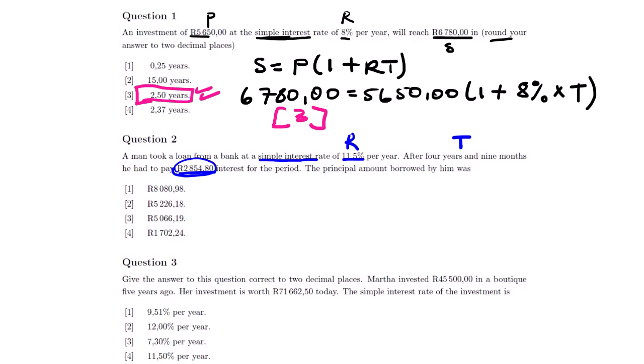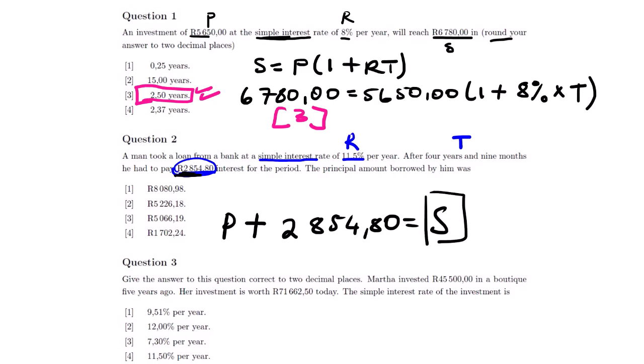So this is not the accumulated sum. In fact, the principal plus this will give us the accumulated sum. Because remember that when you talk about interest, we are talking about an additional amount. So P plus this amount, which is 2,854.80, equals our accumulated value.